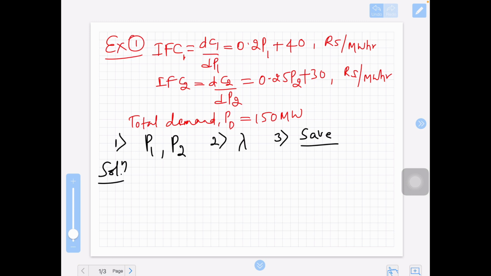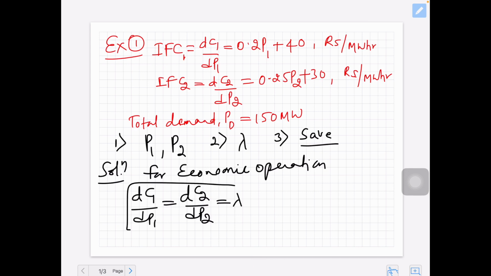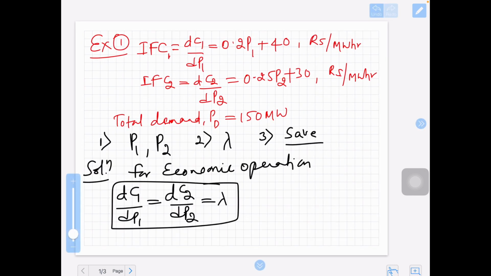So considering this, the condition for economic operation is dC1 by dP1 is equal to dC2 by dP2, and this is equal to lambda.